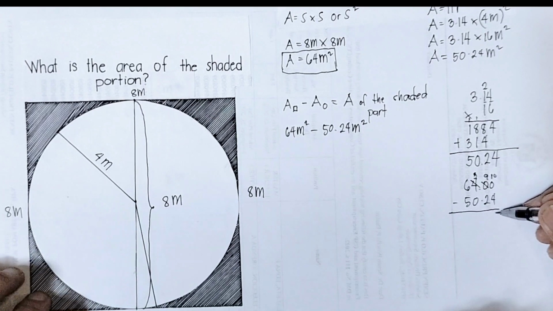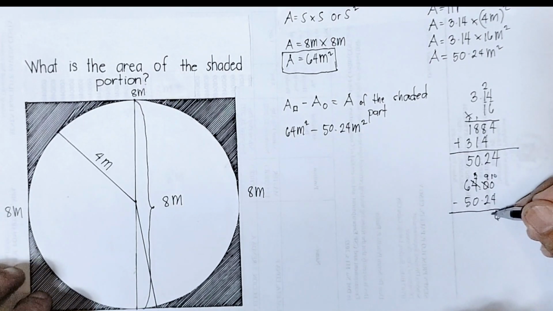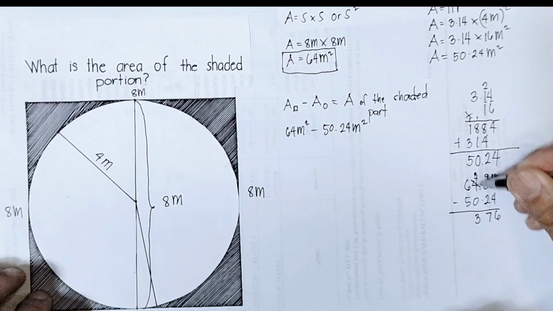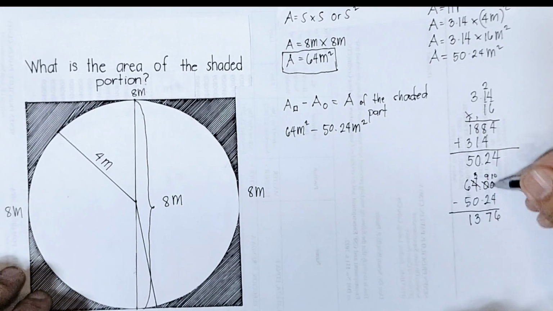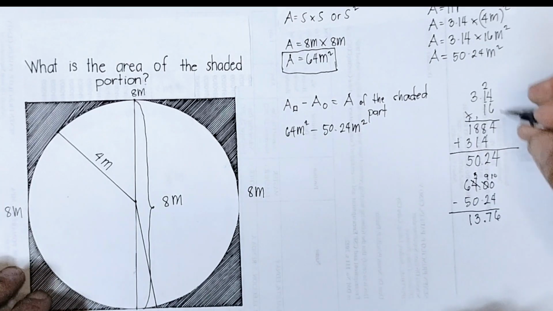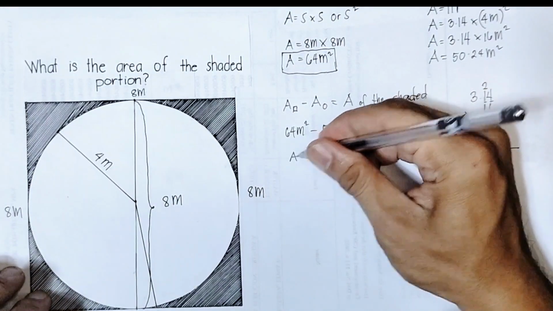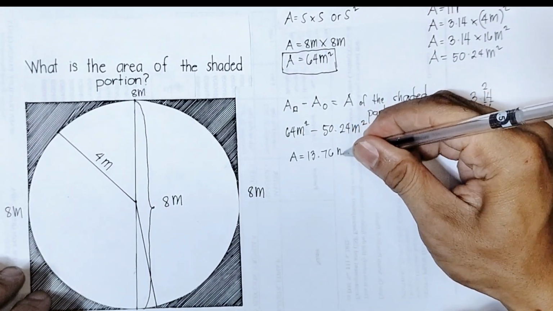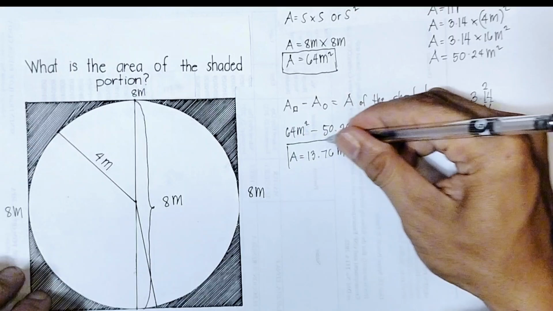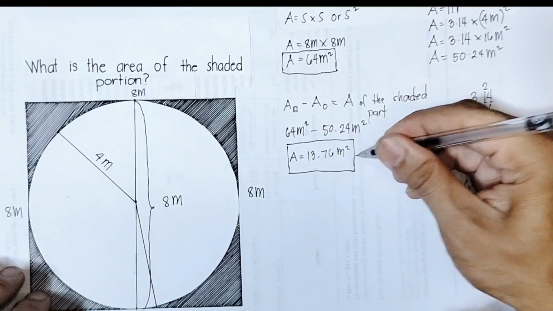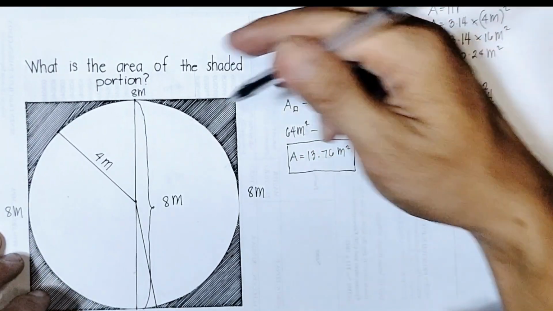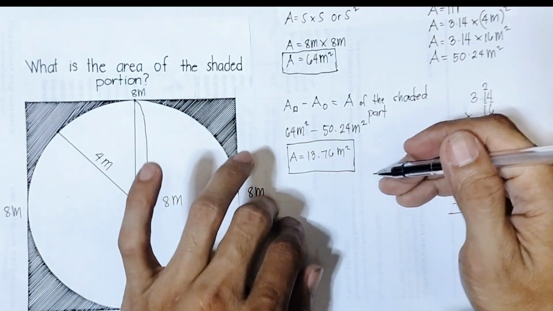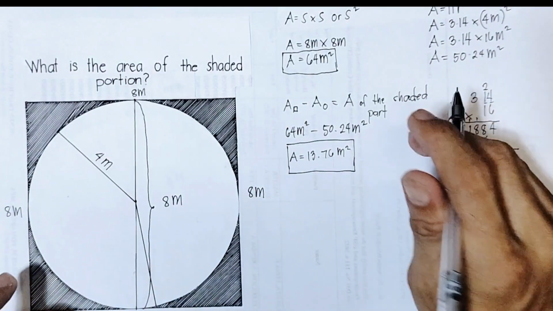Right, so 10 minus 4 is equal to 6, 9 minus 2 is equal to 7, 3 minus 0 is equal to 3, and 6 minus 5 is equal to 1. Just copy the decimal point. So the answer here is area is equal to 13.76 meters squared. So this is the area of the shaded part. Alright, so this portion here, the shaded portion, is equal to 13.76 meters squared.